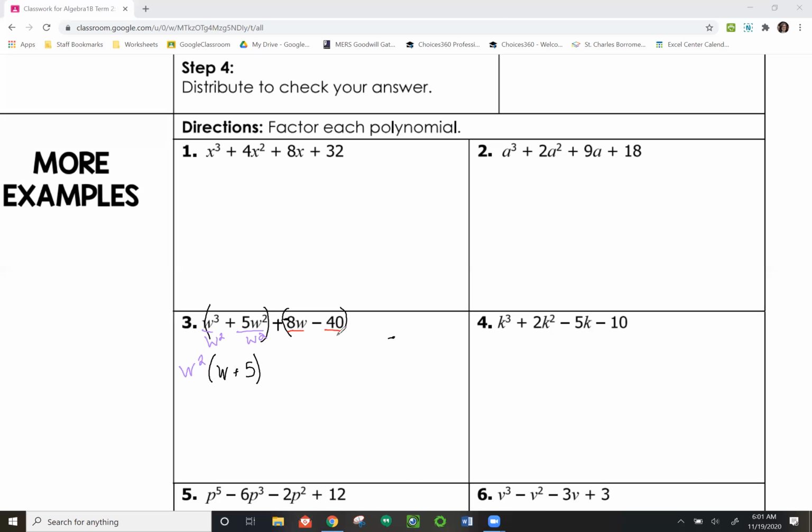Okay, what we're gonna do is, since I want those numbers to be positive, I'm gonna factor out the negative 8. Okay, I'm gonna factor out the negative 8. So make sure that you're always being aware of what you want to factor out. So we have plus a negative 8.